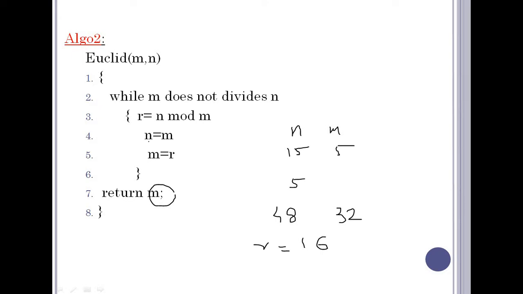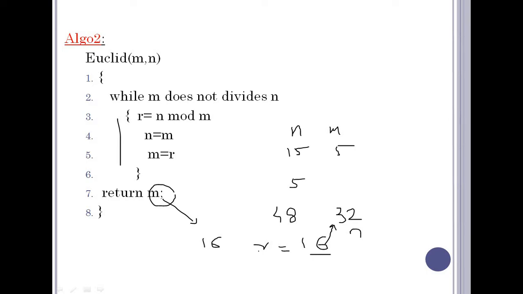After that, n becomes 32 and m becomes 16, and again I enter the while loop check. Here I can see that 16 completely divides 32, so I will not enter the while loop and I will return m, which is 16, the greatest common divisor.